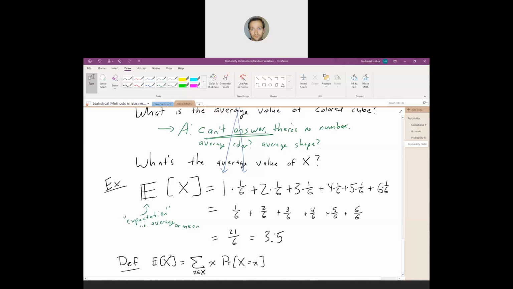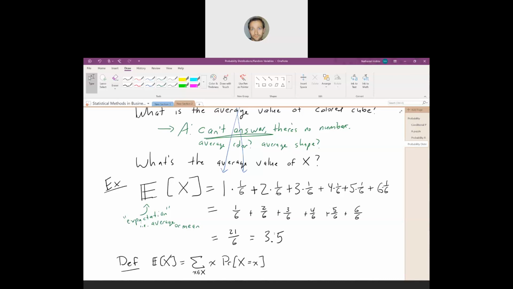So it's a little strange to say that it's the average, because you never see 3.5. You see 1 or 2 or 3 or 4 or 5 or 6. It's sort of an unfortunate use of English to call this an expected value, because you will never see it necessarily.